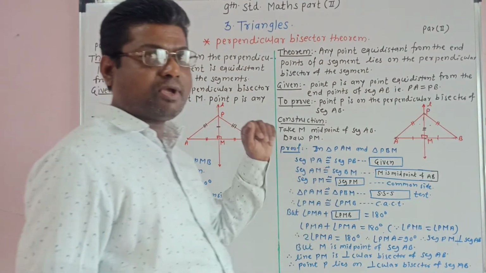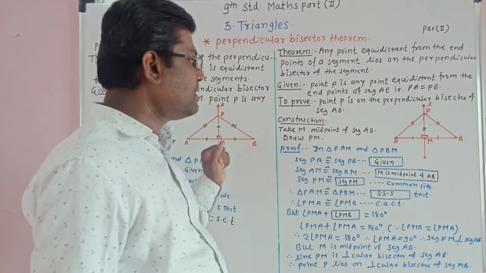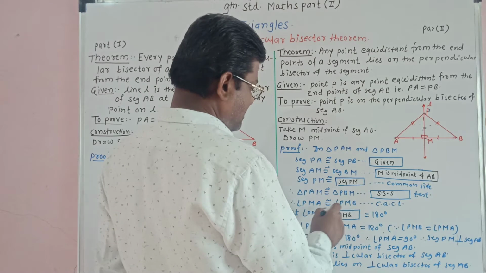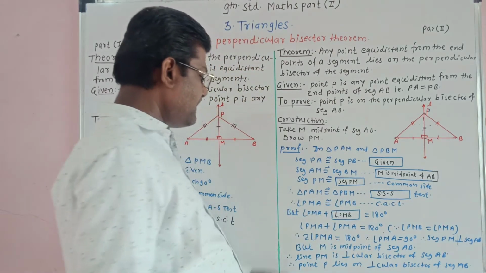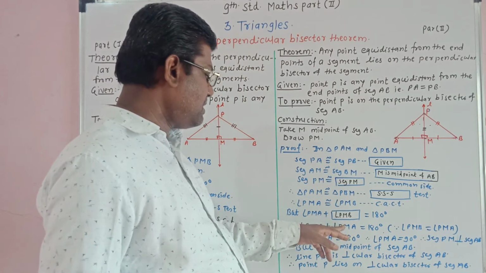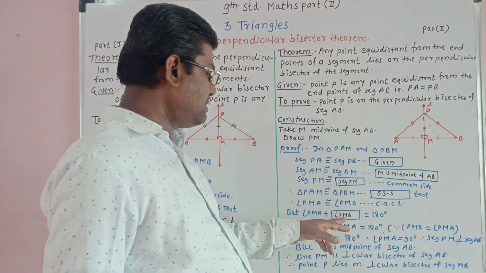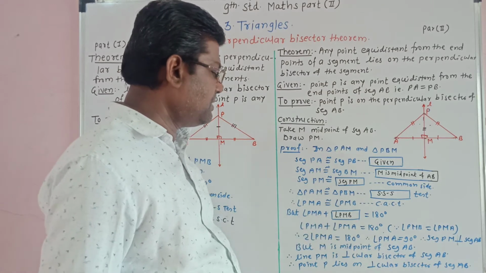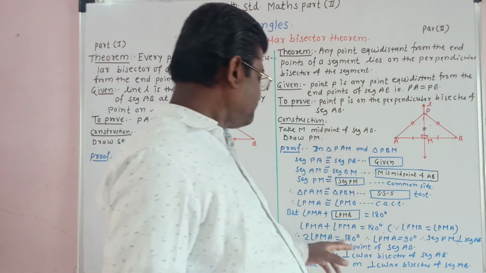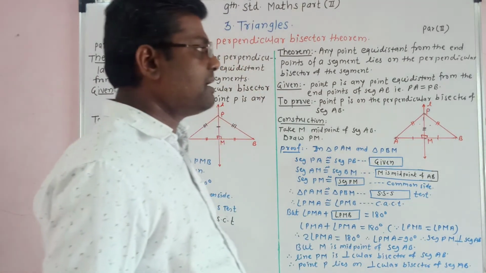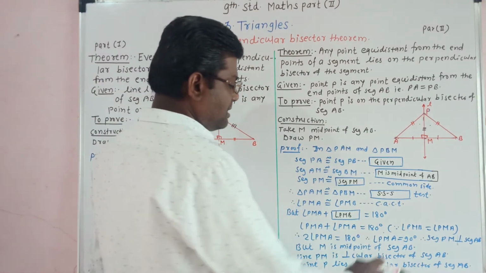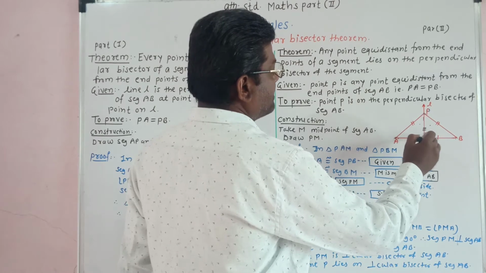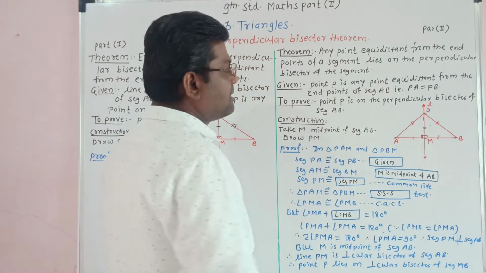But angle PMA is equal to angle PMB. Therefore, we put angle PMA in the place of angle PMB. Therefore, angle PMA plus angle PMA is 180 degrees. Therefore, 2 times angle PMA is equal to 180 degrees. Therefore, angle PMA is equal to 90 degrees.